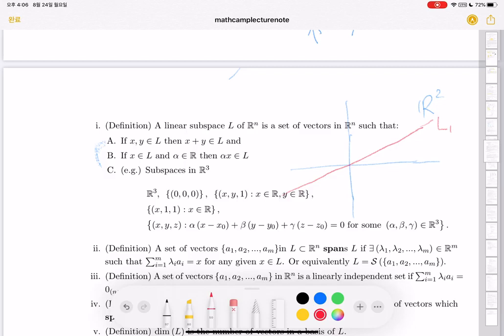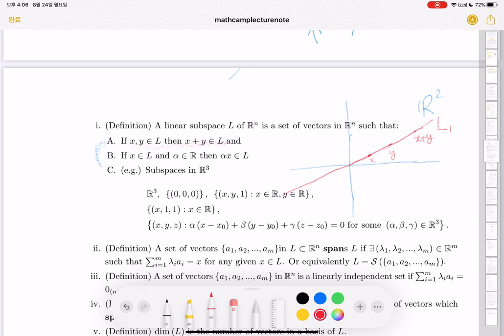All right. The first condition is if x and y are in L, then x plus y is in L. So this is vector x and this is vector y. If you add vector x and vector y, you get somewhere in here. So this is your x plus y. So L1 satisfies this condition. What about the second?